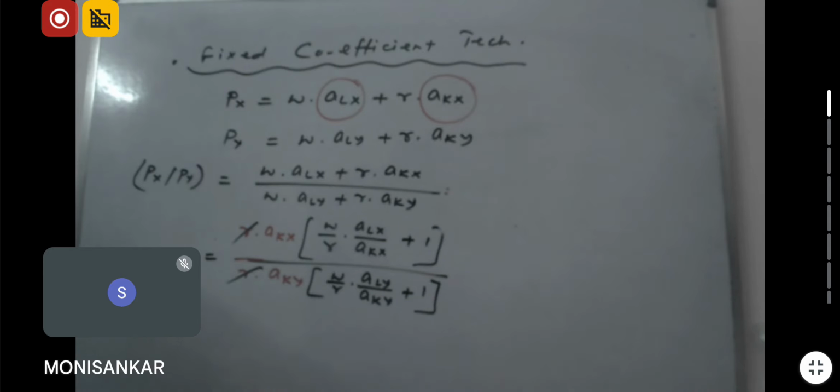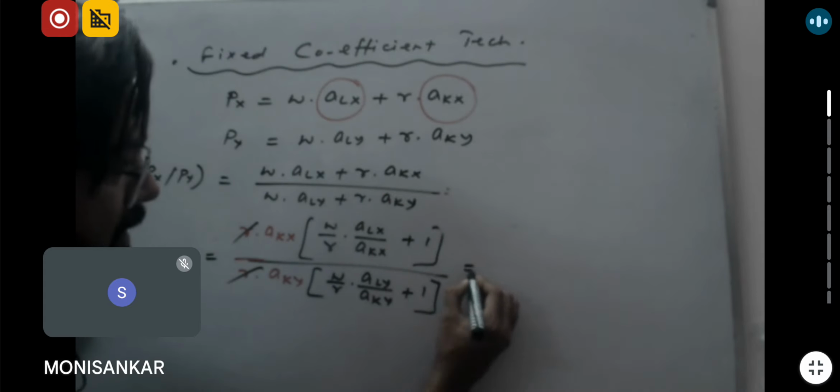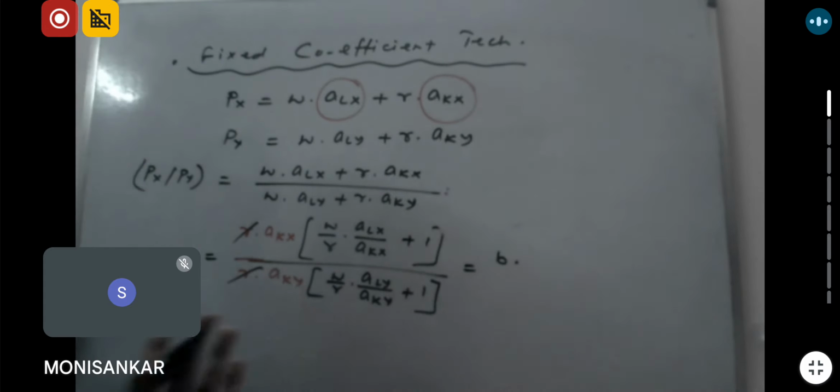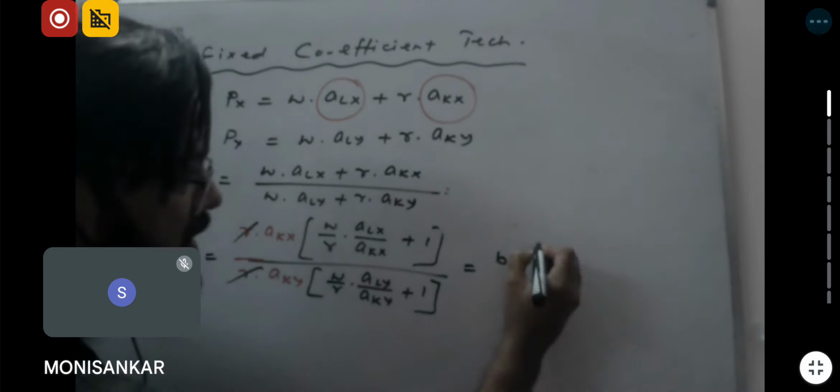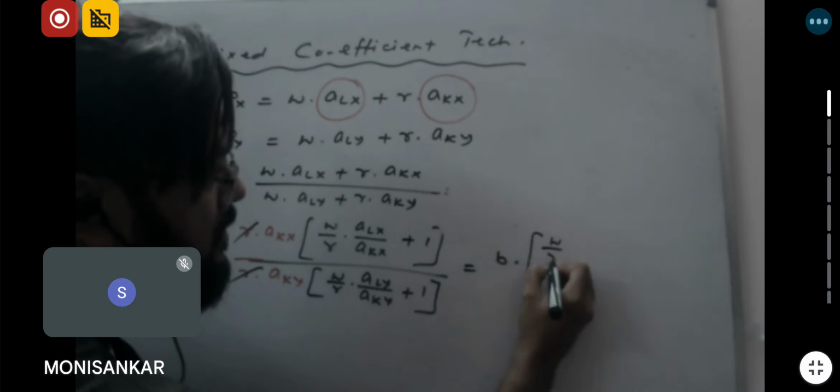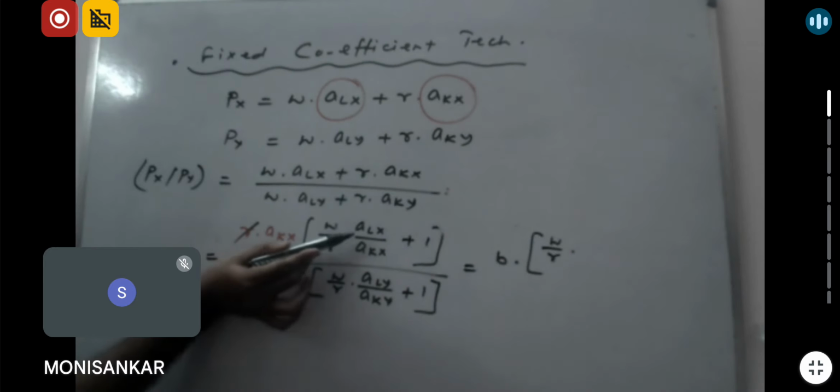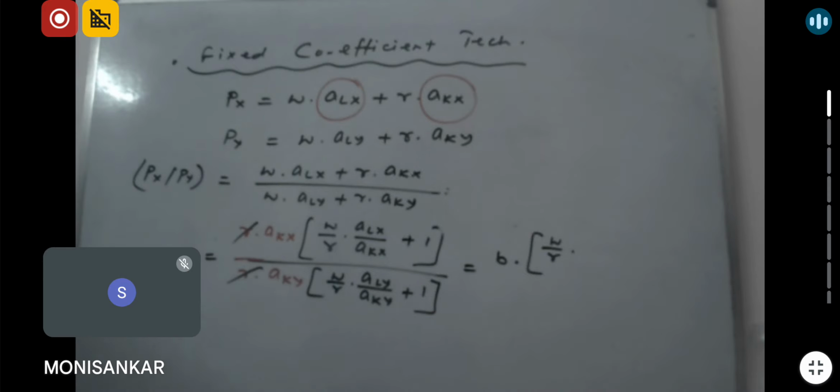Okay. Suppose we denote this akx by aky as B. Or you can take akx by aky, the term B. And this one is w by r. So what is alx by akx? Anyone?